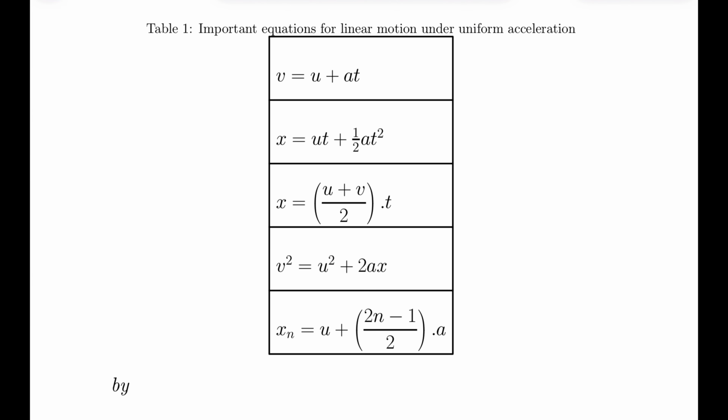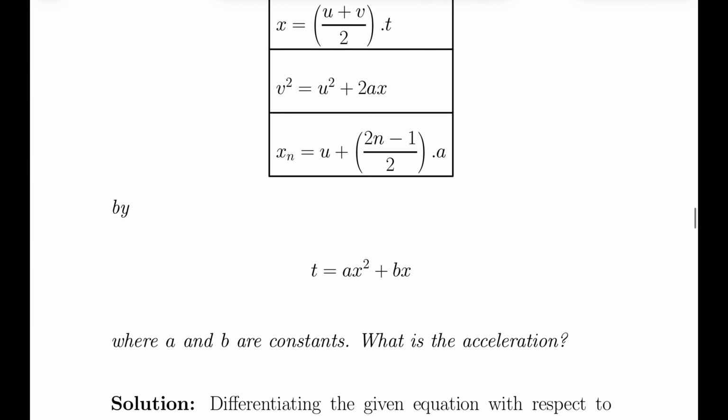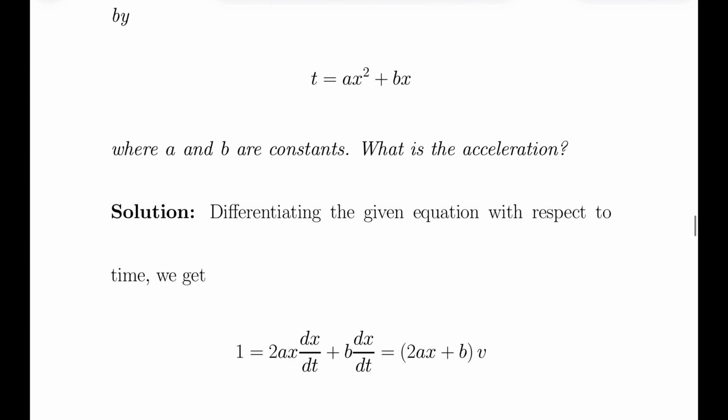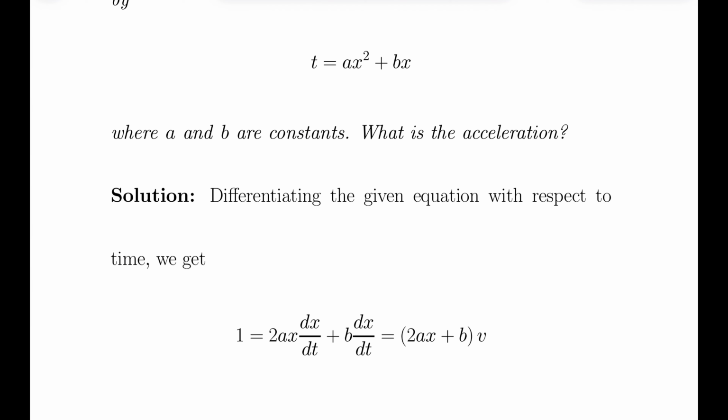We now come to an example. The distance x covered by a particle is given as a function of time t as t equal to ax square plus bx, where a and b are constants. Find the acceleration of the particle. So we differentiate this equation with respect to time. This gives you 1 equal to 2ax dx upon dt plus b times dx upon dt.